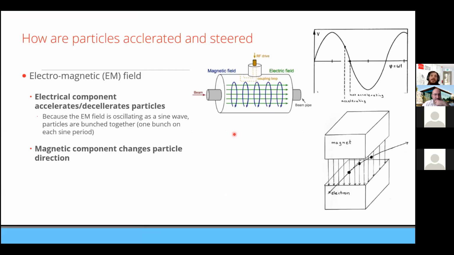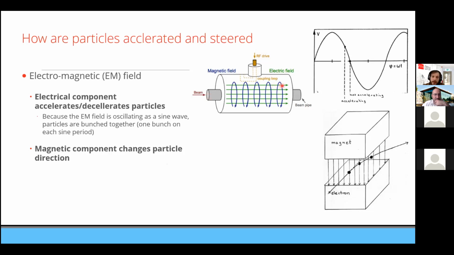First of all, let's go into a brief overview of how particles are accelerated. As you know, in an electromagnetic field, the particles get accelerated. The component that actually accelerates the particles is the electrical component, and the easiest way to accelerate the particles is with oscillating radio frequency, a sine wave.